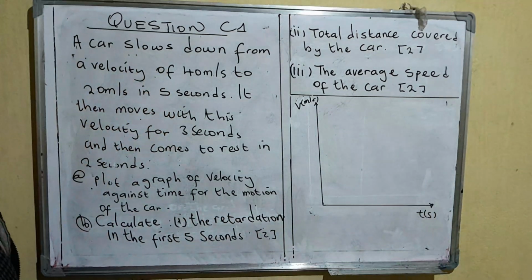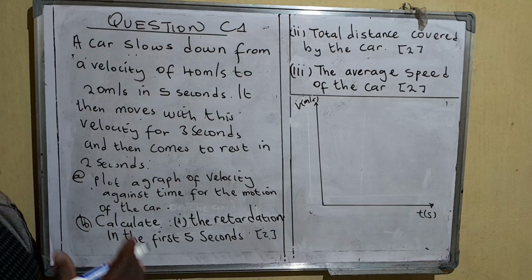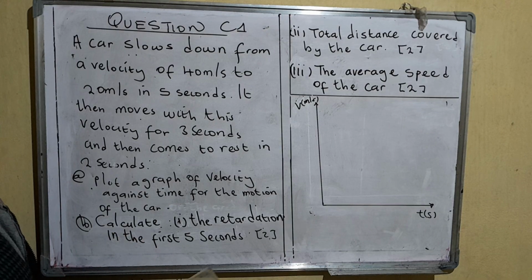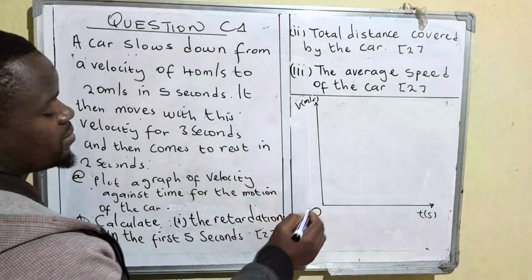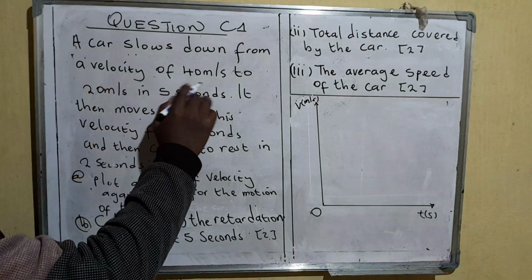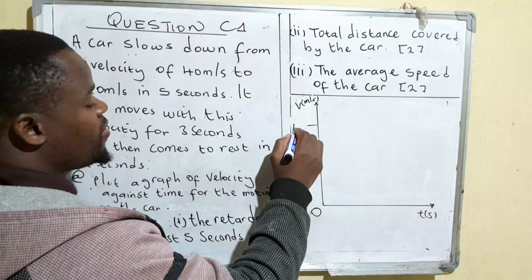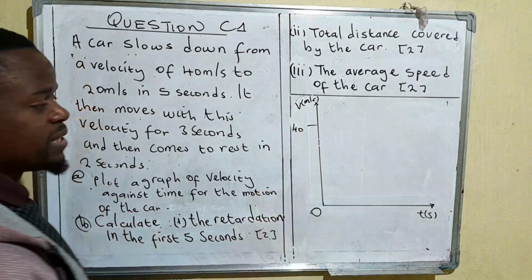So then, what is the maximum velocity? What's the maximum time? How do we marry time with velocity? Here's the thing. What they're saying is, when time is 0, velocity is 40 meters per second, right? So you can indicate here 40 meters per second.